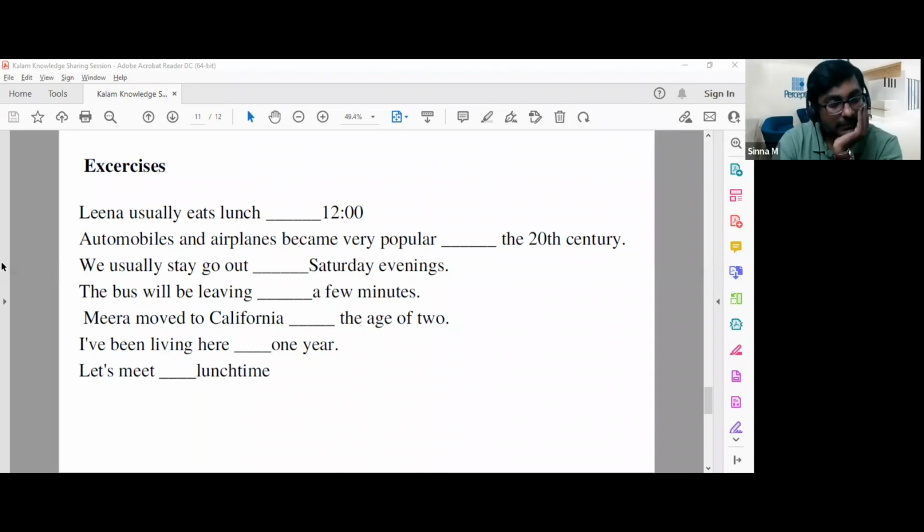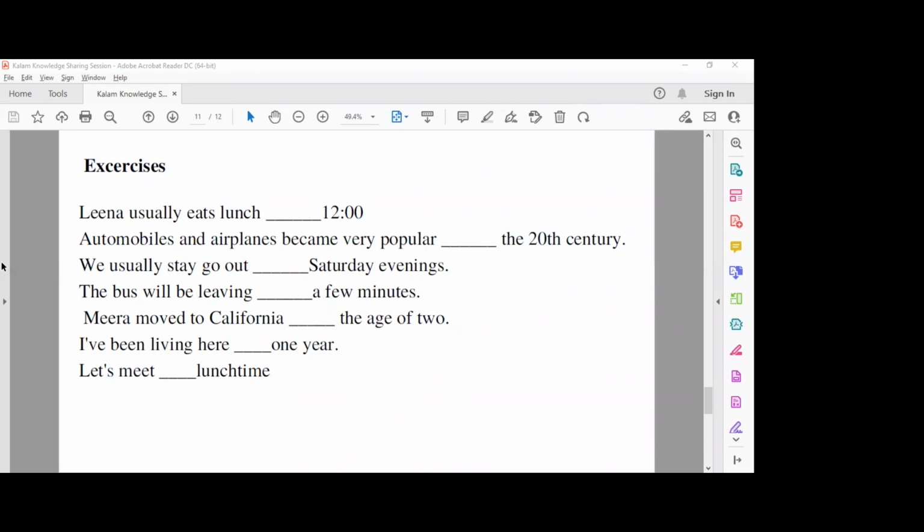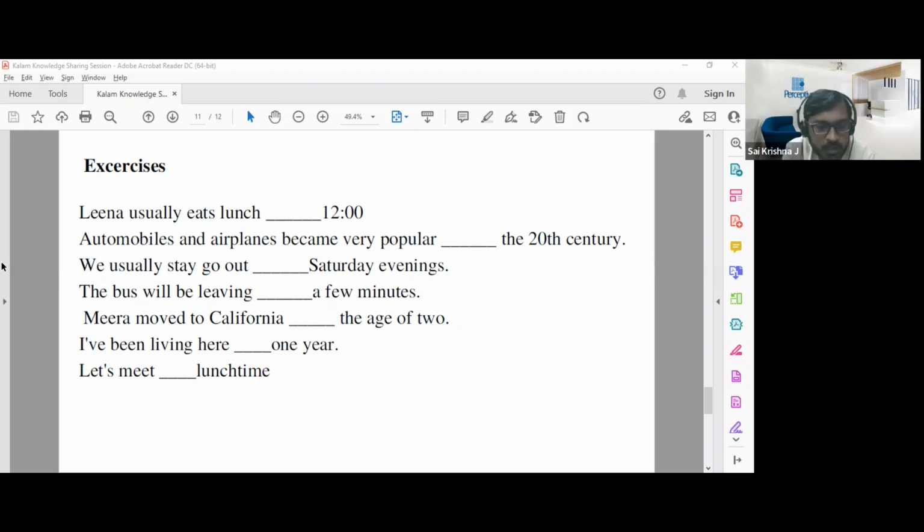The next one is: I have been living here dash 1 year. For. Yes, for is correct. And the next one is: let's meet dash lunchtime. At. Yes, correct.